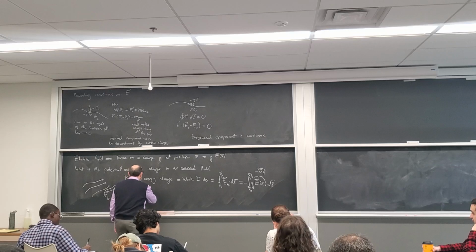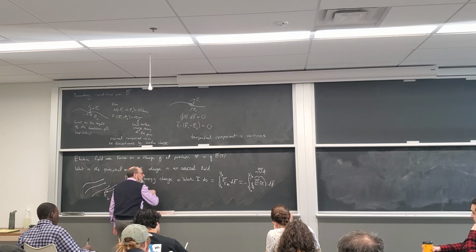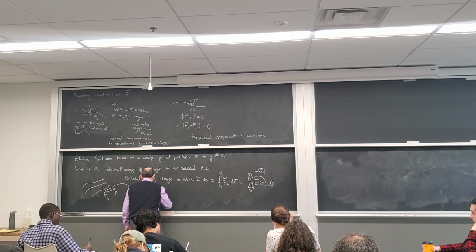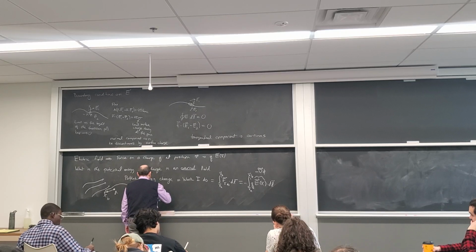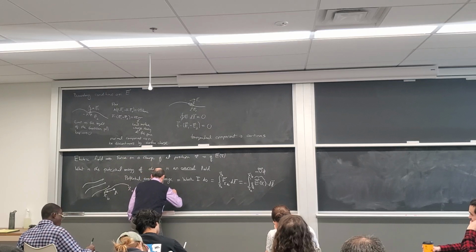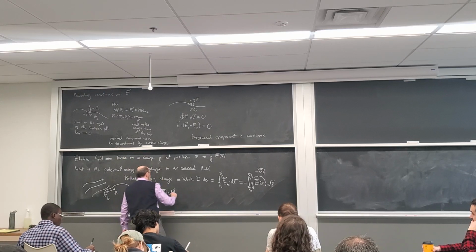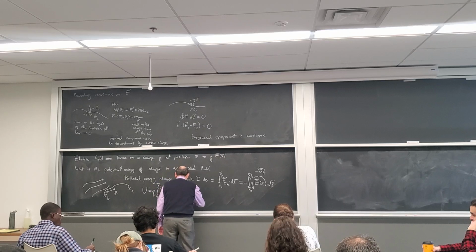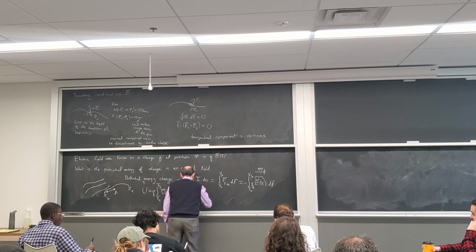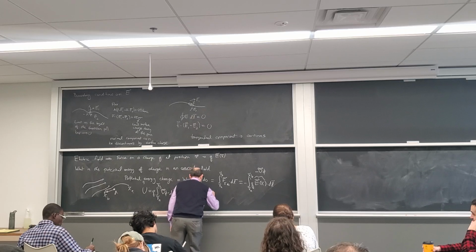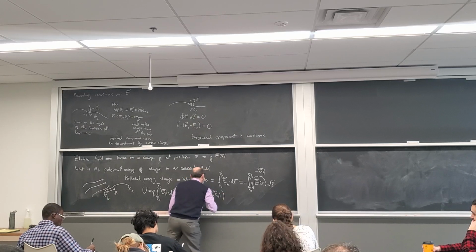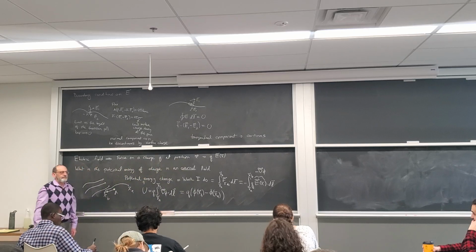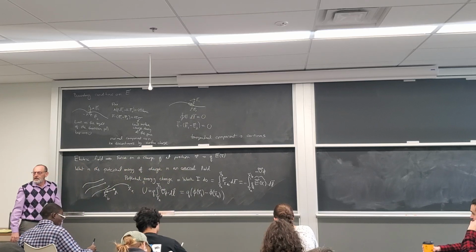So the potential energy, which we call U, is equal to Q times the line integral from position A to B of the gradient, and that, by the fundamental theorem of calculus, is that, right?